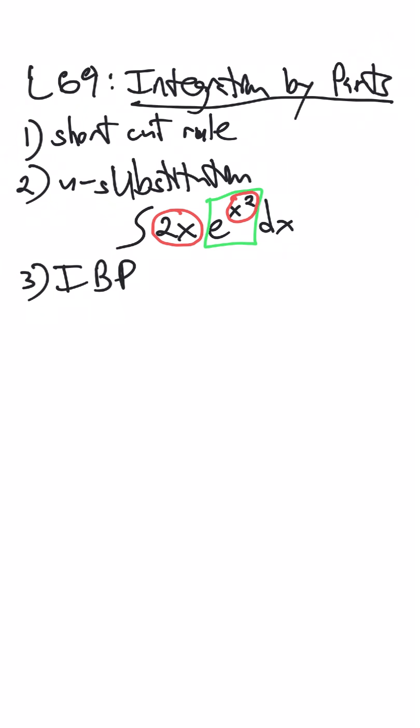Integration by parts. All right. Integration by parts follows the following formula or structure. It goes like this. The integral of u dv is equal to uv minus the integral of v du.